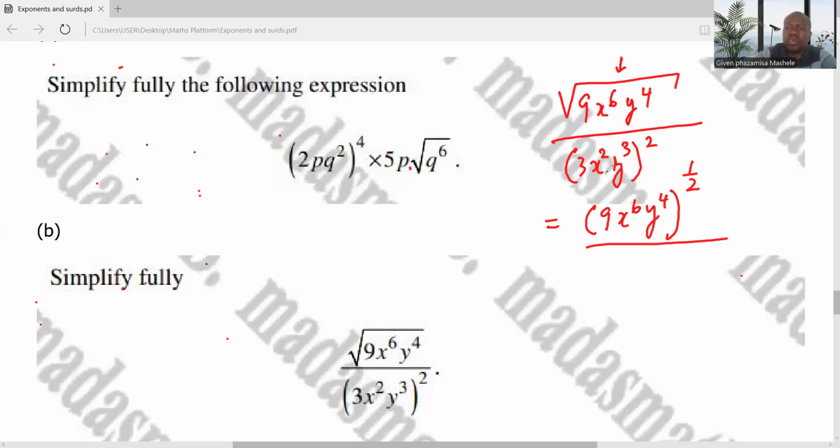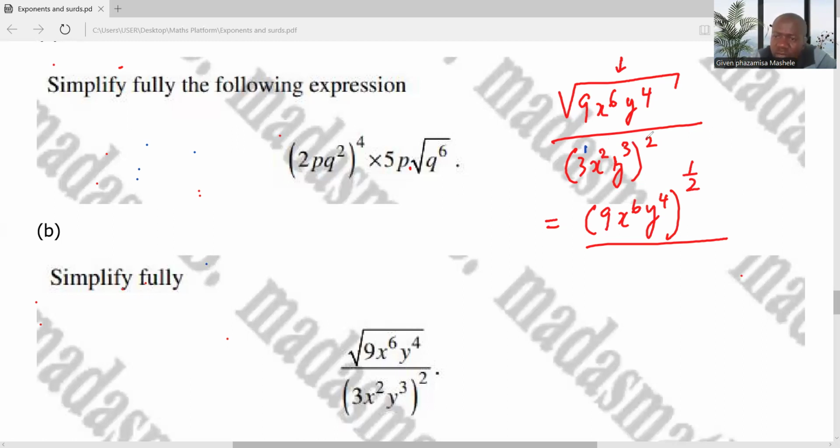Divided by. Here it's multiple bases that are raised to the same power. This one has 3 to the exponent of 1, x to the power of 2, y to the power of 3.